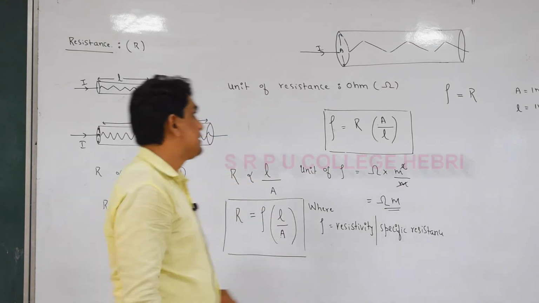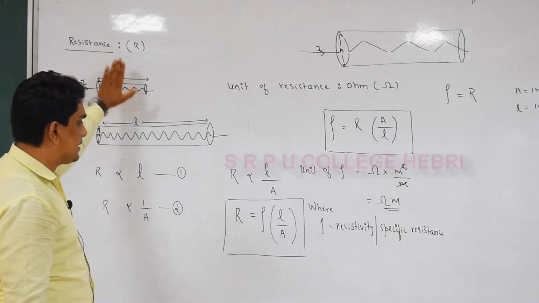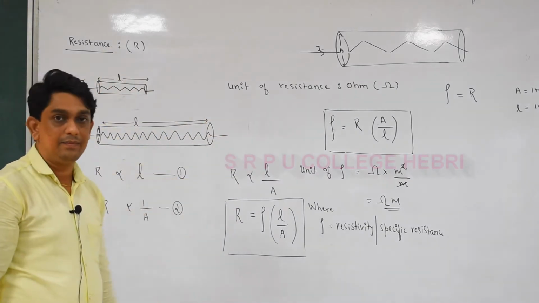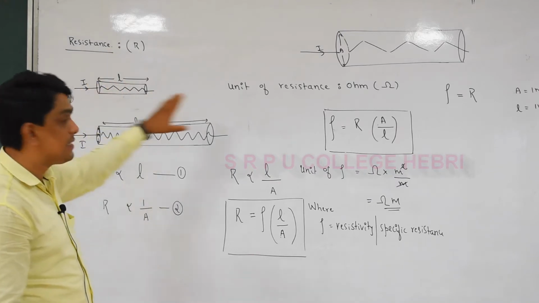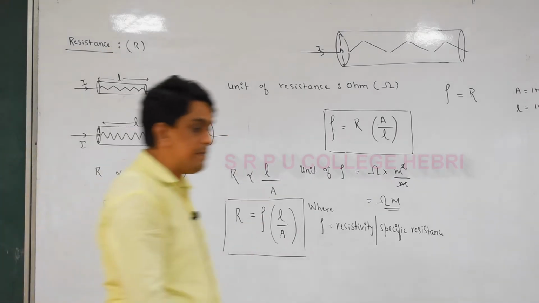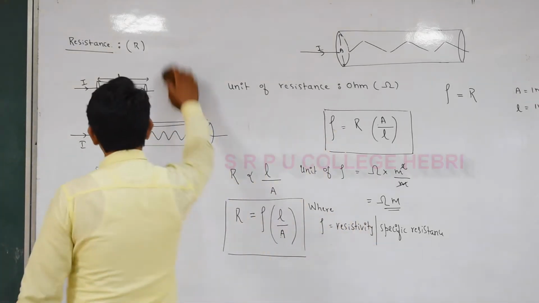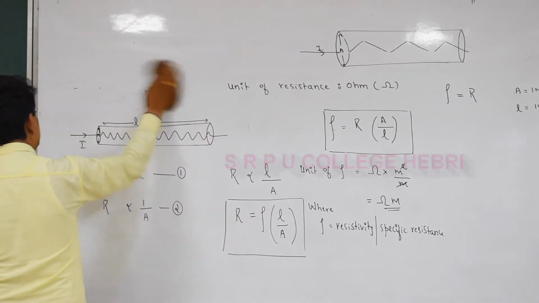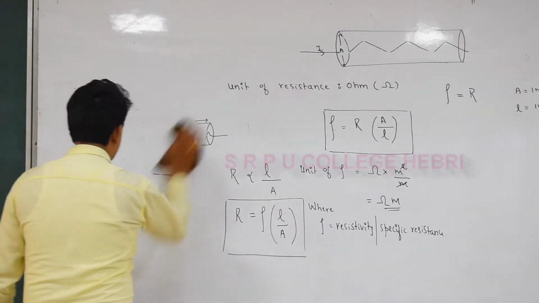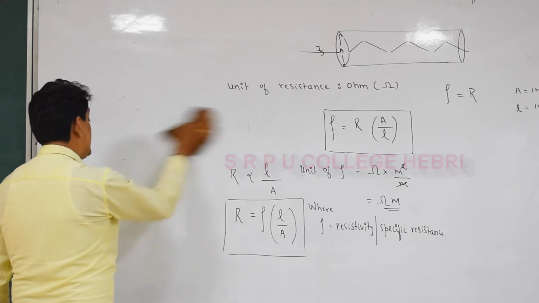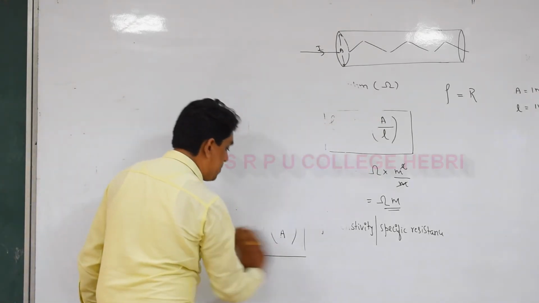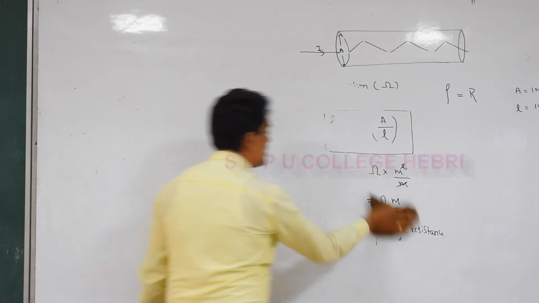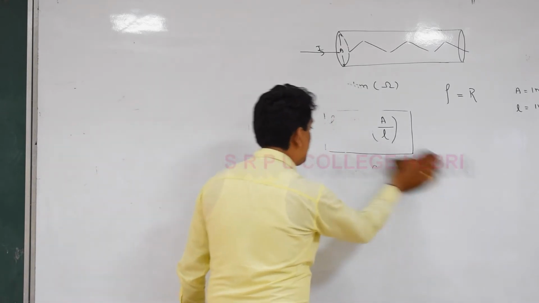Fine. So it is all about resistance and resistivity. Now let me go for the reciprocal of resistance and resistivity. You all know that the unit of resistance is ohm, and resistivity is ohm meter. Now I want to study the reciprocal of resistance.